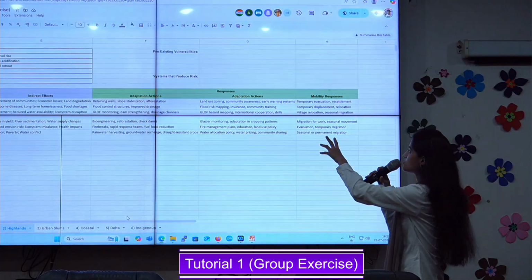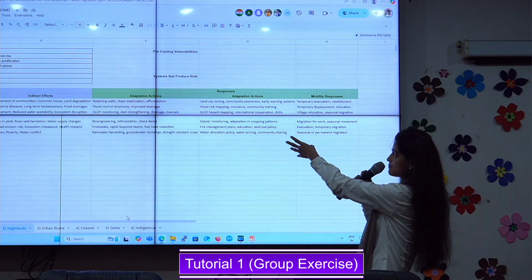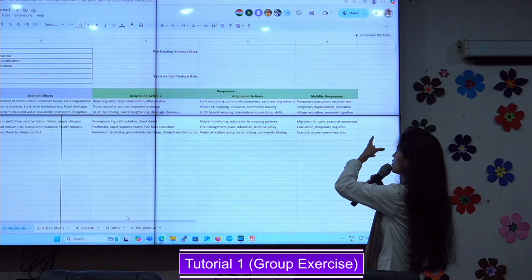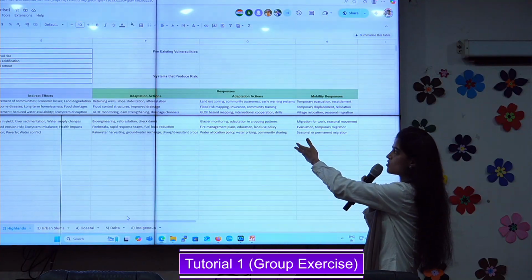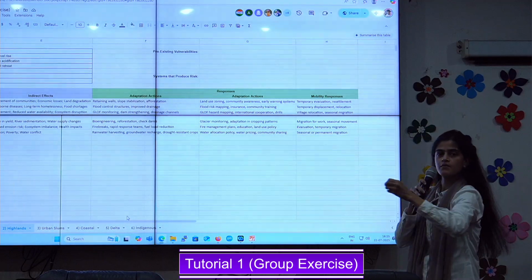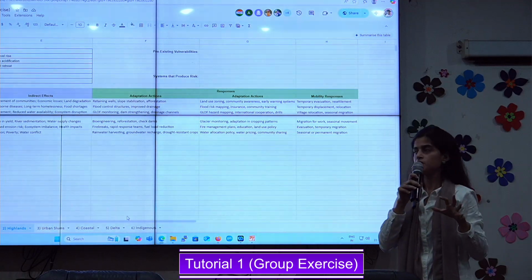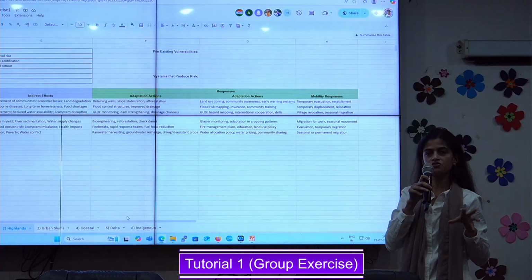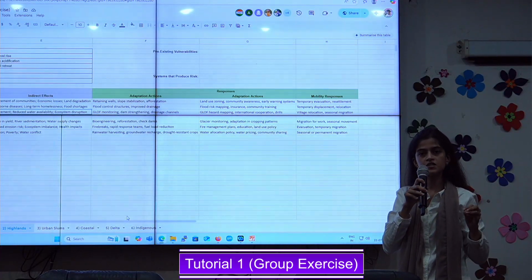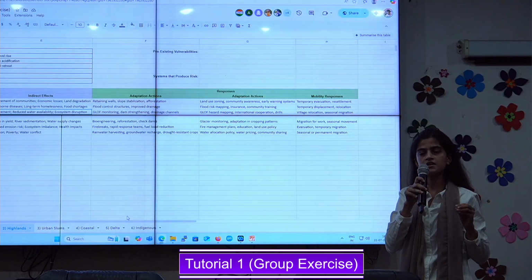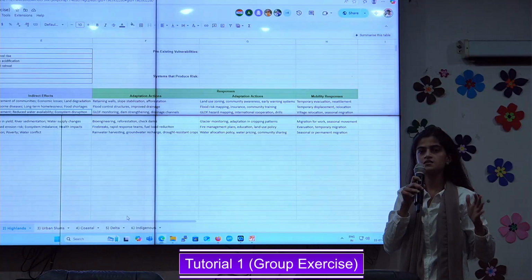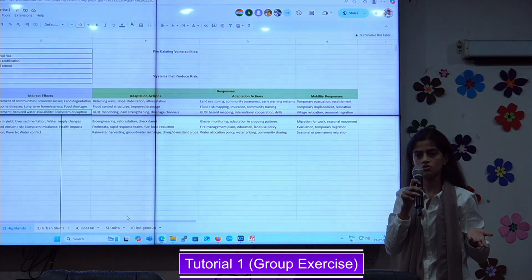Yeah. Coming to the responses, there are adaptation actions and mobility responses. Again, adaptation actions, as I spoke in between, retaining walls, slope stabilization, and in one line, I'd like to club the adaptation responses as sensitivity amongst humans, and awareness. Awareness about the ecology, the sensitive ecology, which is the mountainous ecology.